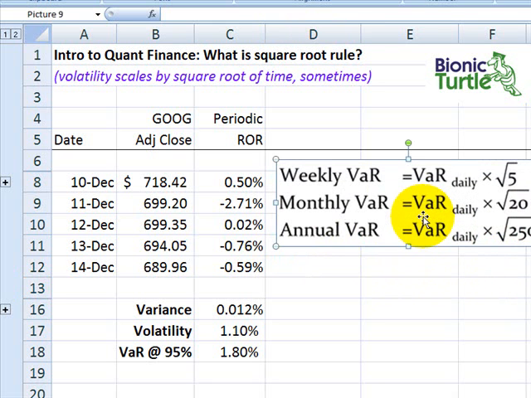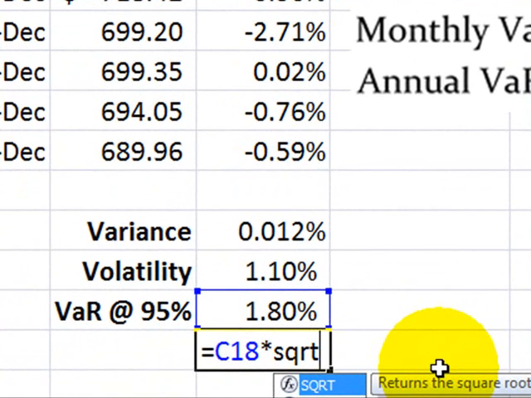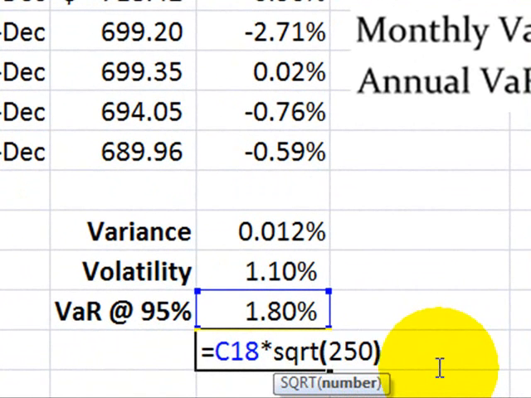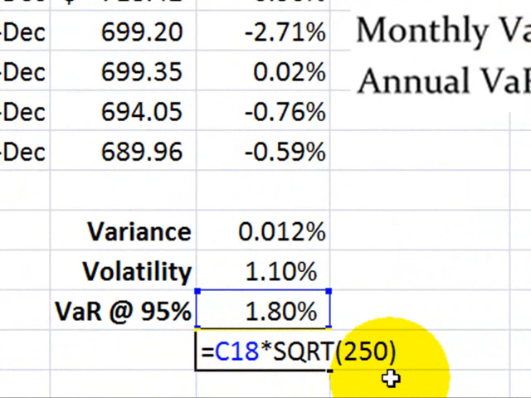That's how straightforward that is, such that if I now want to convert the daily VaR that we just got, I'm going to multiply the 1.8% times the square root of 250, and let me format it into percentage terms. Let me bring that formula up. That's how easy it was.